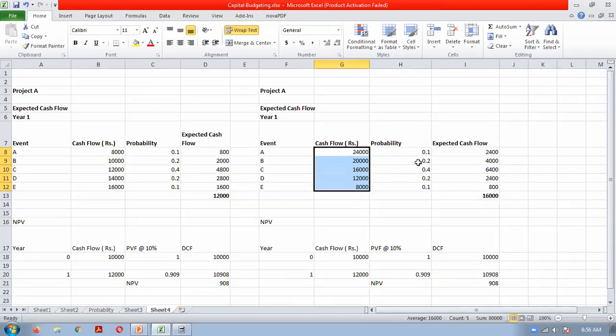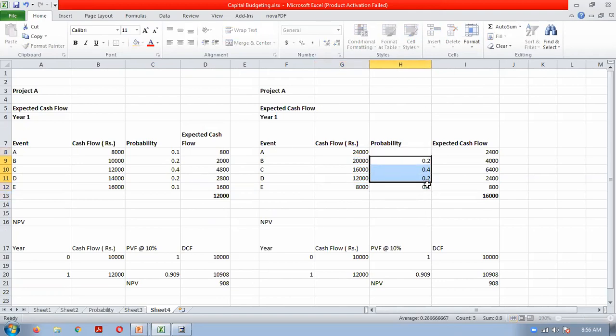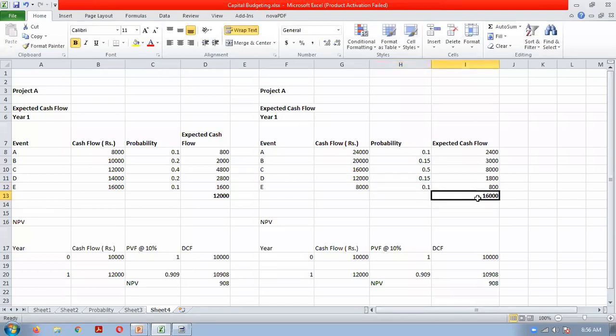Okay, and probability values are 0.10, 0.15, 0.50, 0.15, 0.10. So expected cash flow is 16,000.